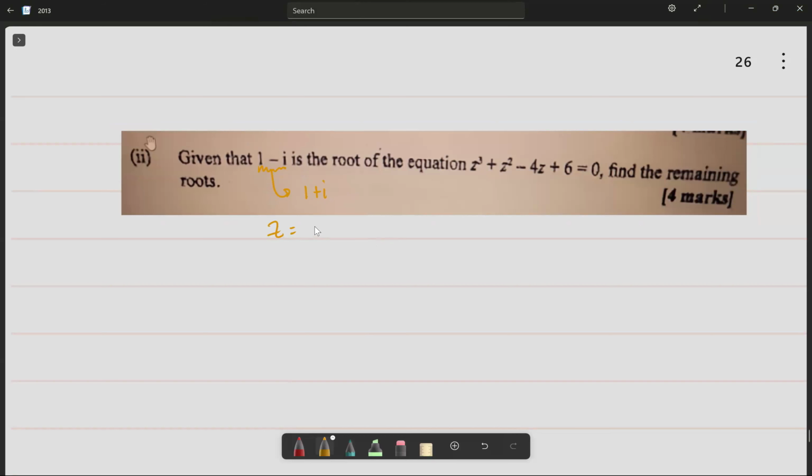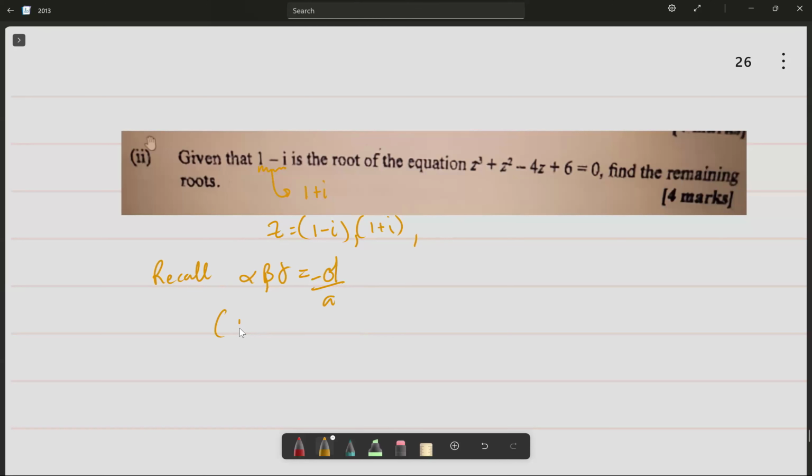So that means we'll have z equal 1 minus I and 1 plus I as roots. And there's a third root, which is likely real. So the way that I do this is that I would say, recall alpha, beta, gamma must be equal to negative d over a.